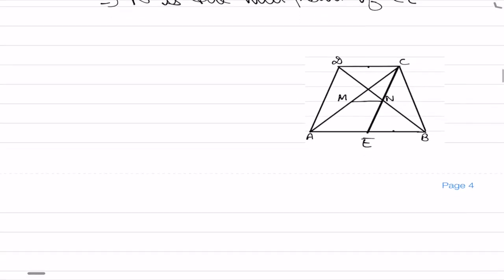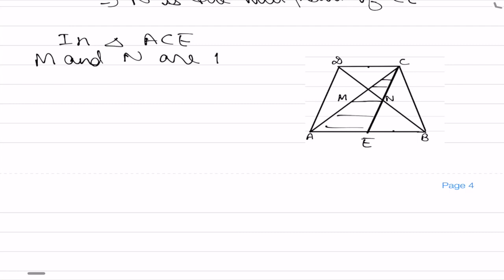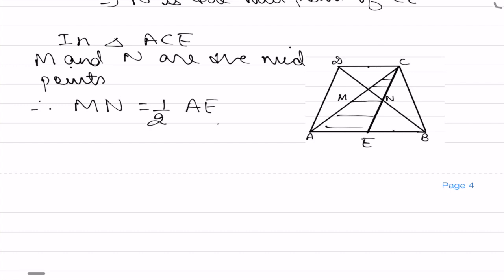Now we will see the triangle ACE, where M and N are the midpoints. M is the midpoint, it's already given, and N is the midpoint of CE that we have already proved. So therefore MN is half of AE by the midpoint theorem.